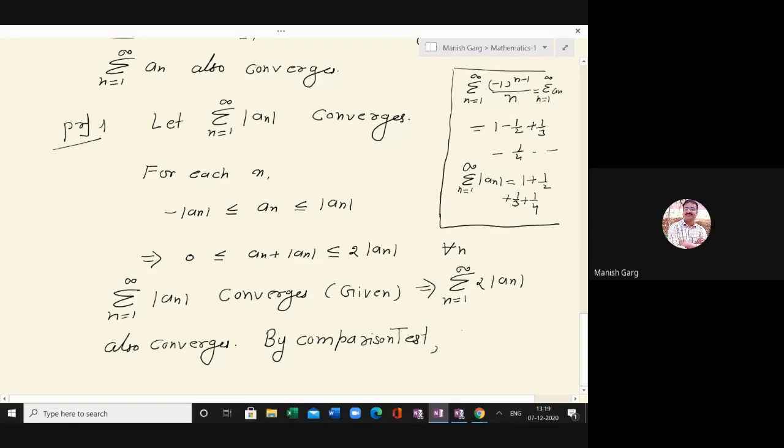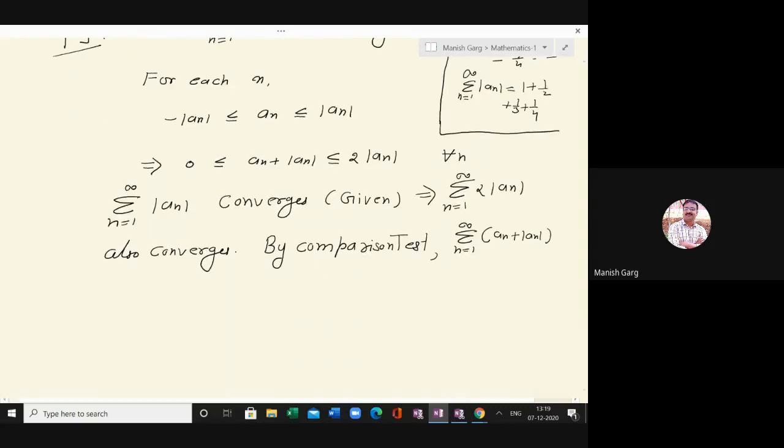By comparison test, you can say this series, the sum from n equals 1 to infinity of an plus mod an, also converges.